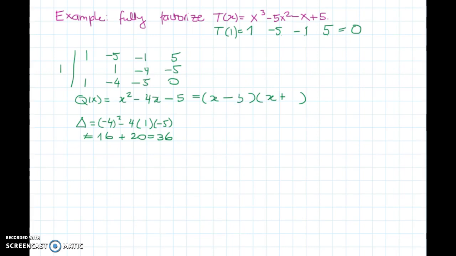So I'll write negative 5 plus 1, yeah? x squared plus x minus 5x minus 5. So what we have shown is that the full factorization of our polynomial function is x minus 1 times x plus 1 times x minus 5.